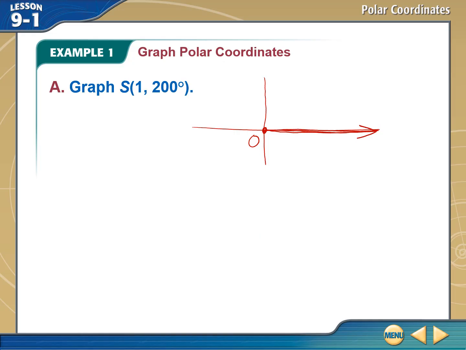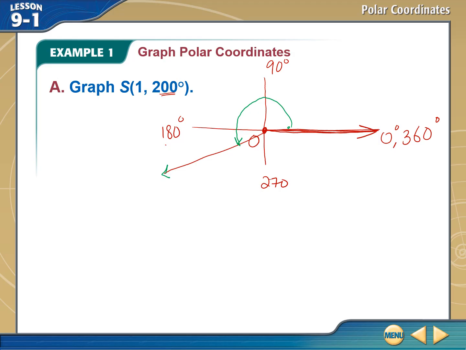Here you have 0 degrees, then 90 degrees, over here 180 degrees, then 270 degrees, and come back to 360 degrees. So 200 is between 180 and 270, somewhere here in the third quadrant. From 0, you will come anti-clockwise and this is your 200 degrees. Now make a ray like this, show it by an arrow.